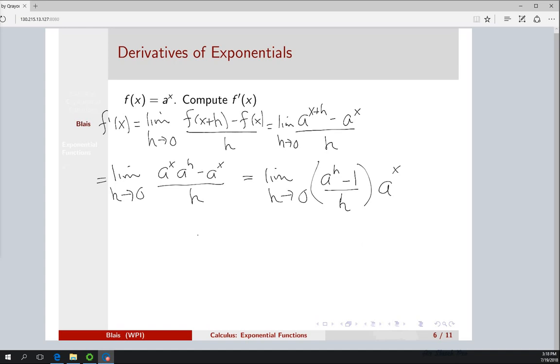So this is our derivative. What's interesting is that this term here, notice that that does not contain x.